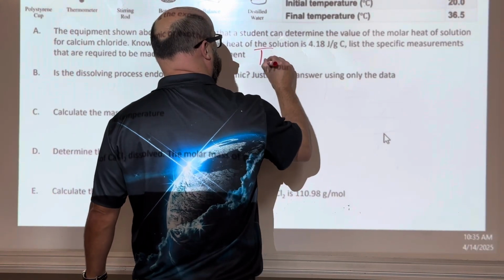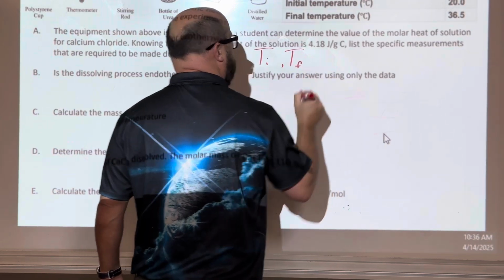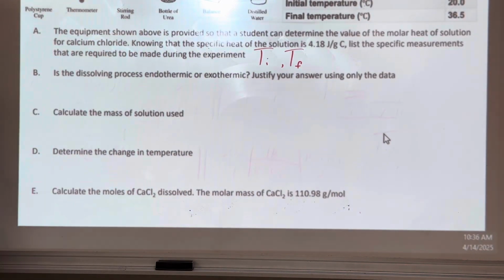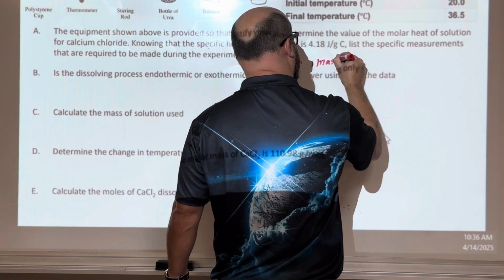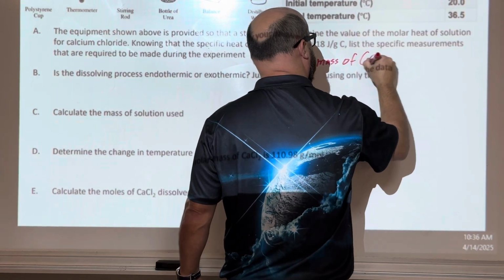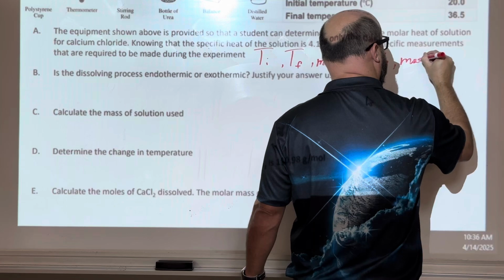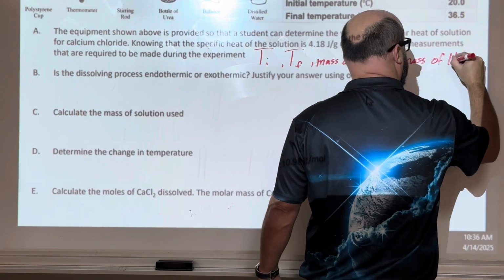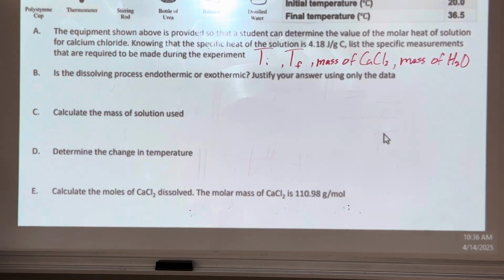So T initial, T final. What else do we have to have? The mass of CaCl2 and the mass of H2O. That should be it. Initial, final, mass.